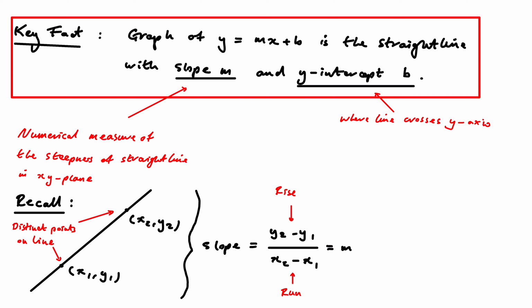So, quick example. If your graph looks like this, this is the position b. Pretty obviously, because when you feed in 0, that's what you get. So this is y equals mx plus b.